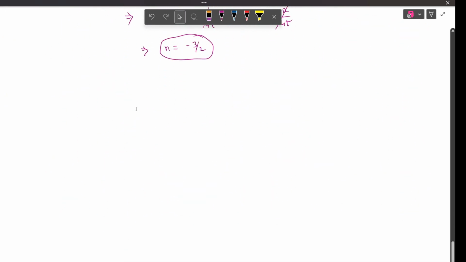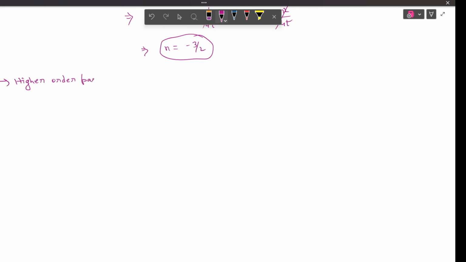Okay. Now let us move forward, and let us talk about higher order partial derivatives. See, for simplicity, we consider a function f of x, y of two variables.